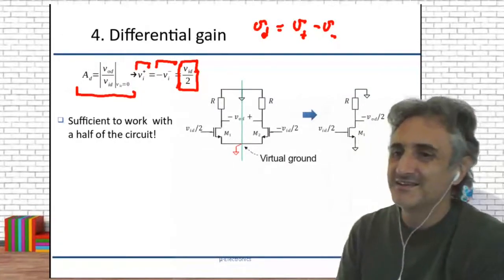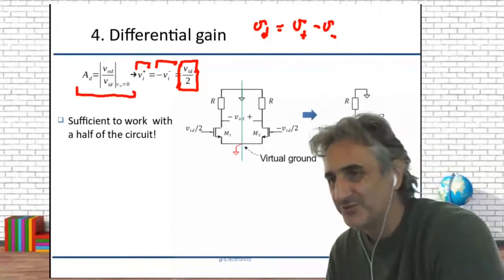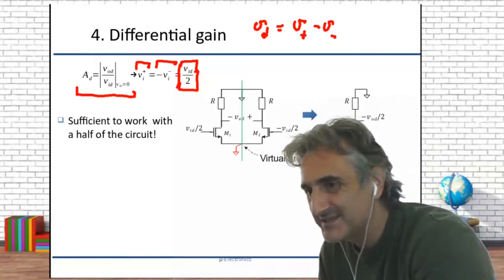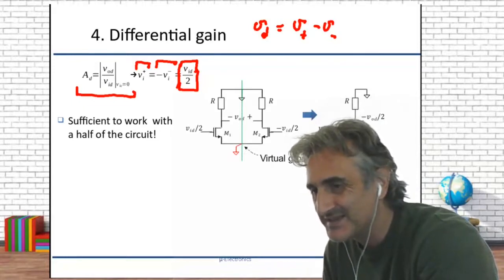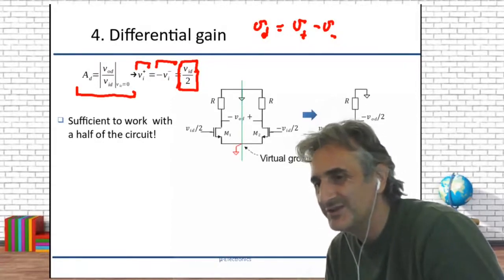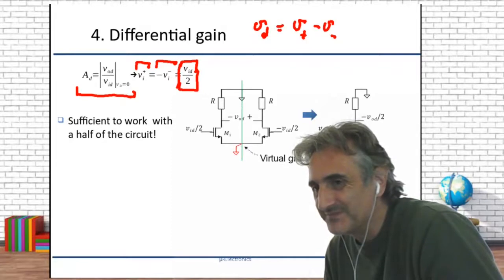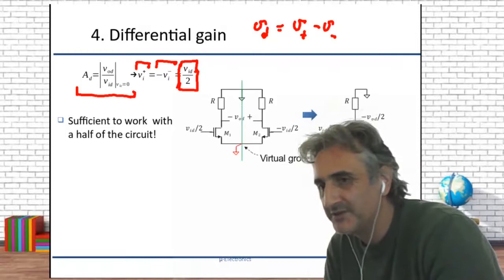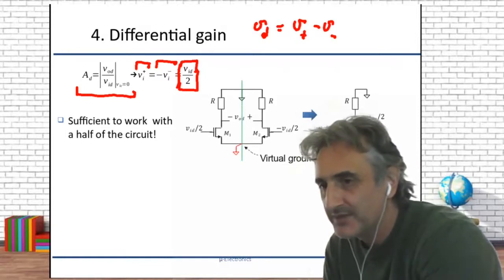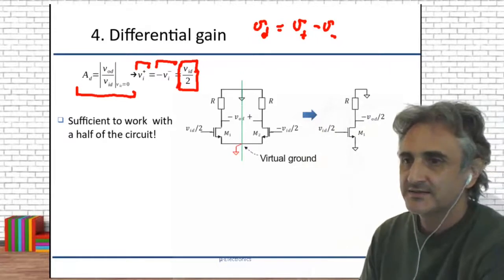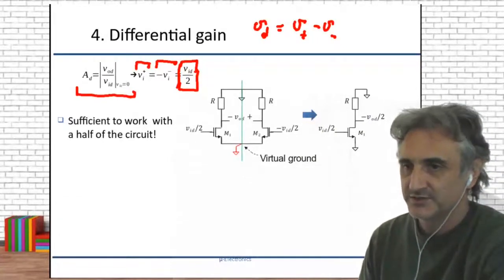I can leave that for you to think about, but just believe me that this is always 0. Just put the equations and you will see, independently of the values. So if this is always 0, we can just analyze one half of the circuit.